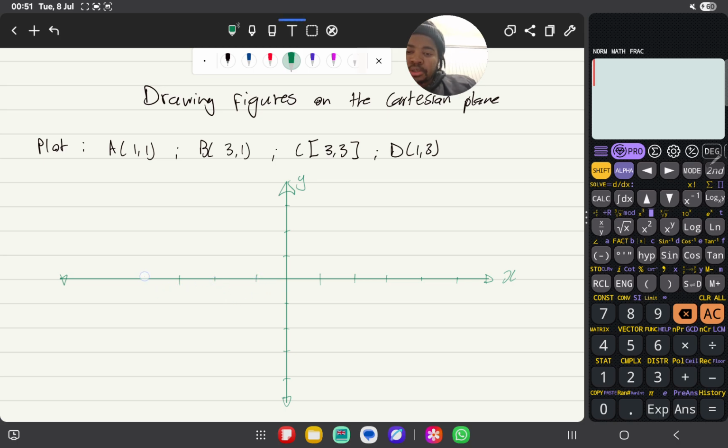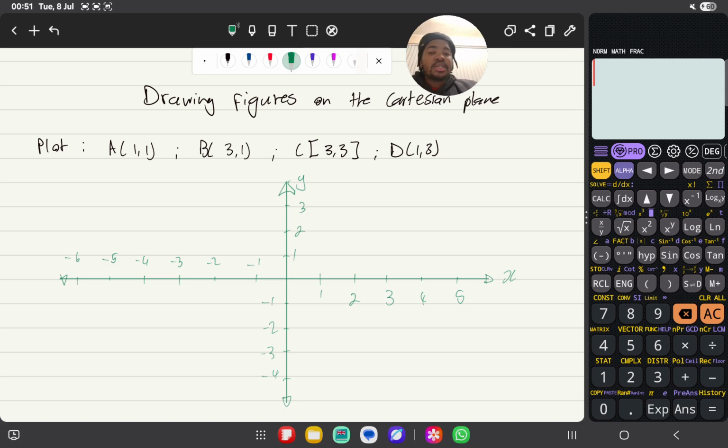Alright, cool. So now we can go on 1, 2, 3, 5, then -1, -2, -3, -4. Cool. We have our Cartesian plane right there.